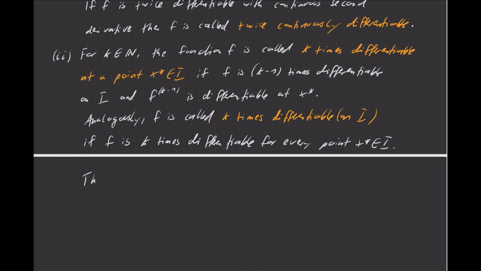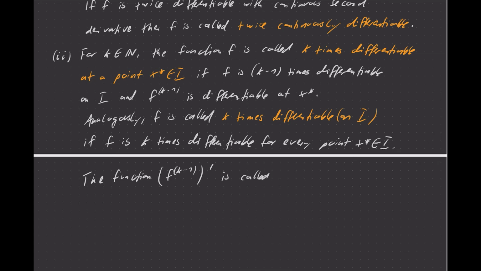And once again, the function that is derived from that, so the function f derivative of order k minus 1, and then differentiate it once again.